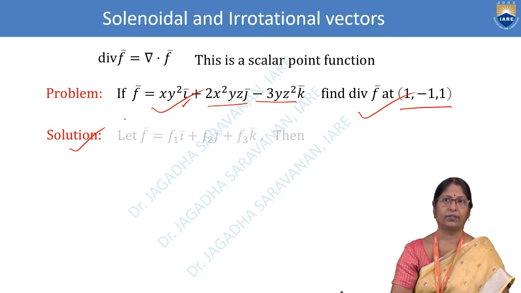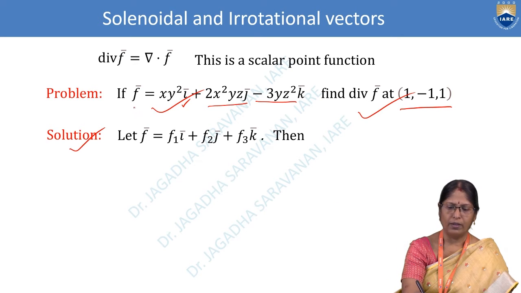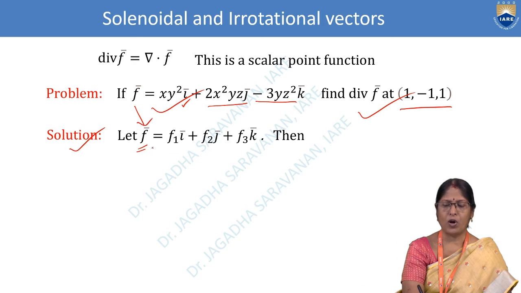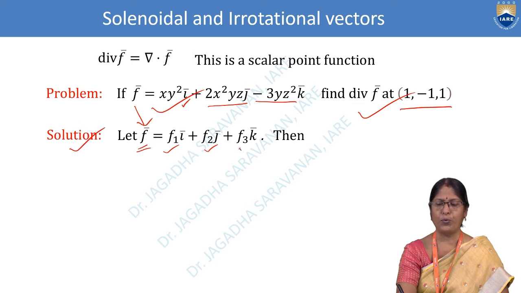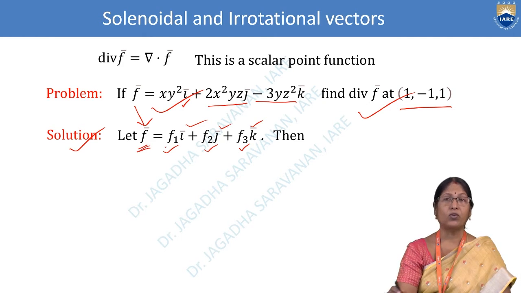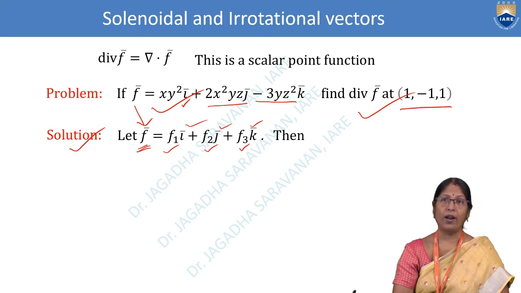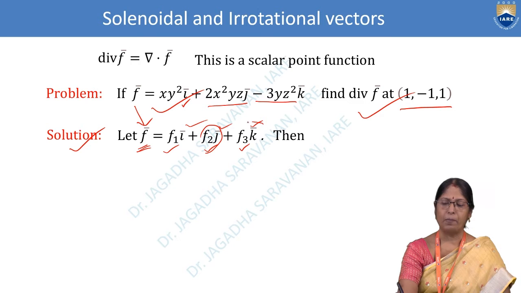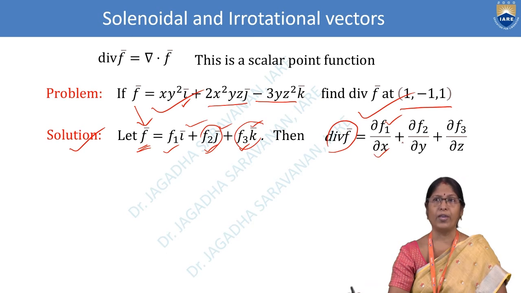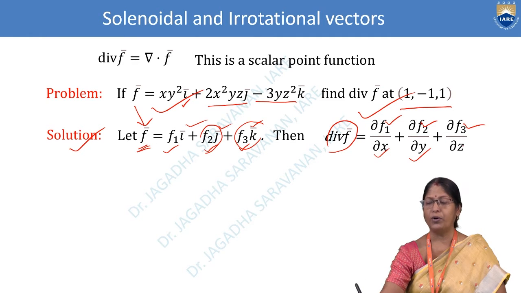The solution is: the f components are f1, f2, f3 along with the mutually perpendicular unit vectors. So vector f is f1 i plus f2 j plus f3 k. Then div f is written as dou f1 by dou x plus dou f2 by dou y plus dou f3 by dou z.